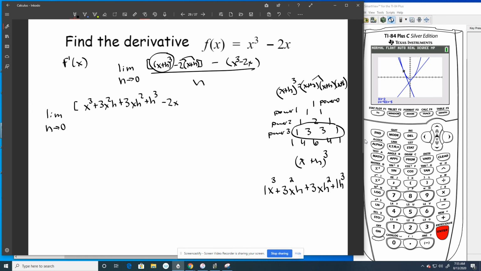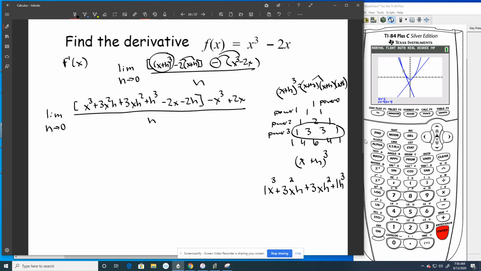So I get -2x minus 2h, and I still have this stuff on the outside. Well, that's everything inside the bracket. But now I have this negative that needs to be distributed. So negative x cubed plus 2x's. And all of that is over a simple h.